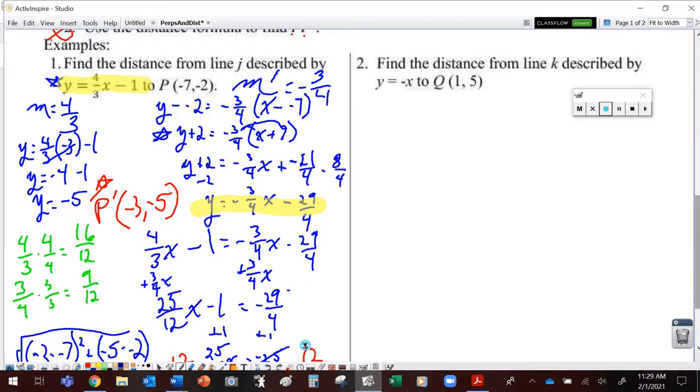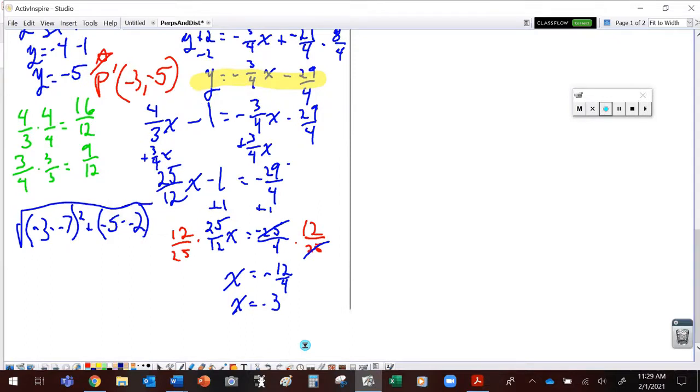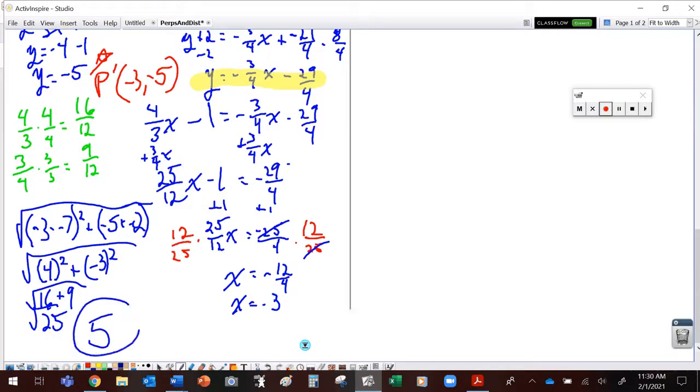Now, minus negative is plus, so negative 3 plus 7 is 4 squared. Minus negative is plus, so negative 5 plus 2 is negative 3 squared. So 4 squared is 16, 3 squared is 9, that's 25, which is equal to 5. Whew, so that takes a little bit of a while to do.